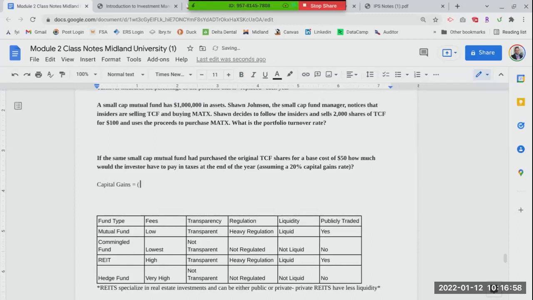So it equals what we sold the shares for minus what we paid for the shares, times the number of shares, which is 2,000, and we can get our answer here.